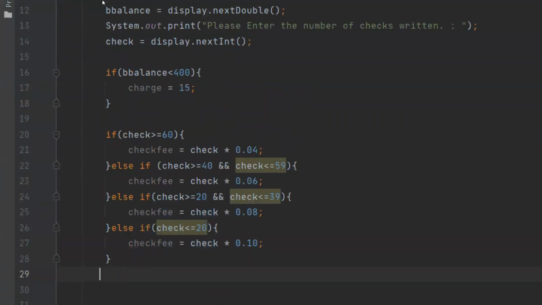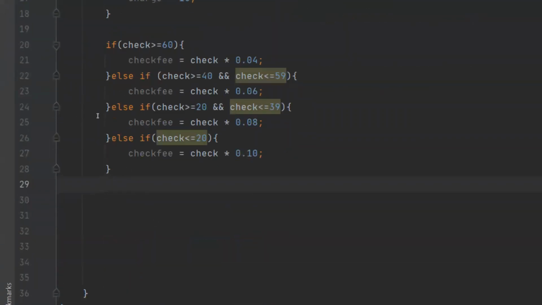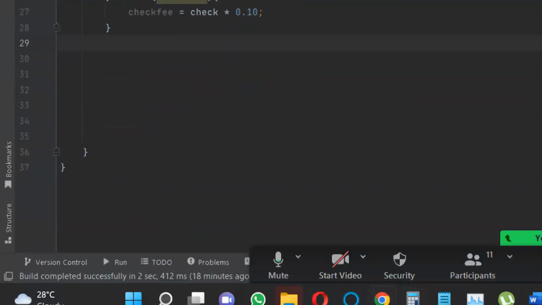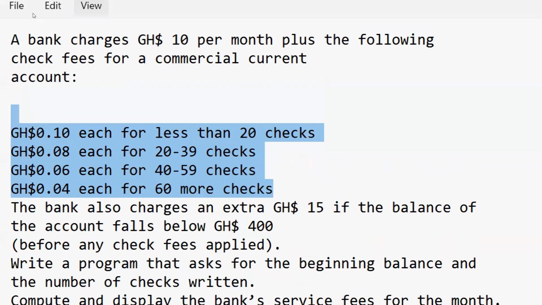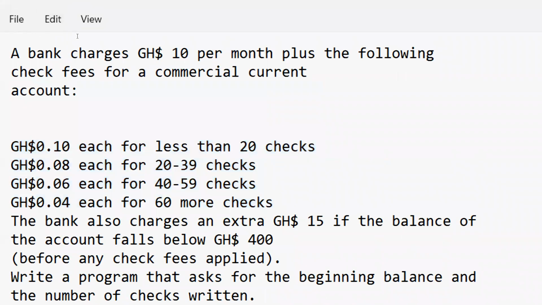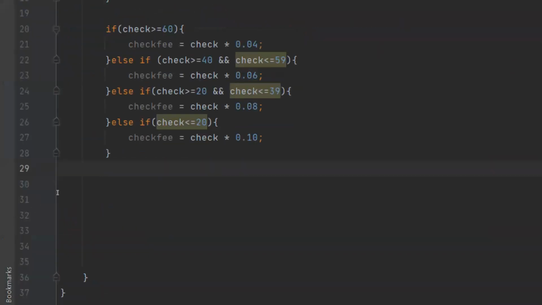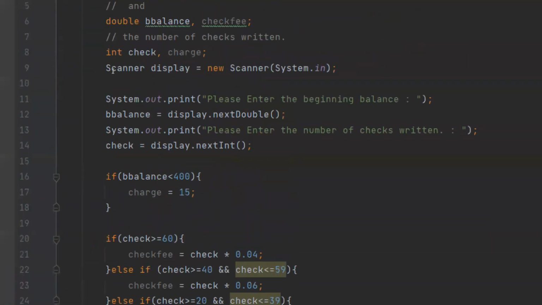So now we are done with the checks, and we have calculated the amount of money we are supposed to charge you for the check over here. But don't forget here that the bank charges you 10 cedis per month. The moment you have an account, 10 cedis is charged. So now the ending balance.